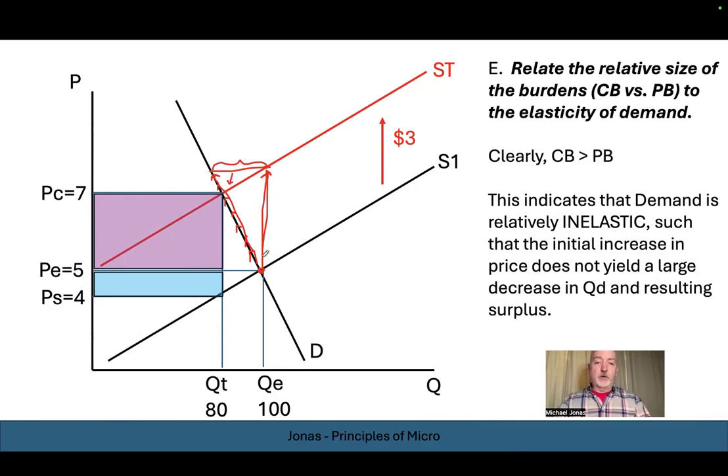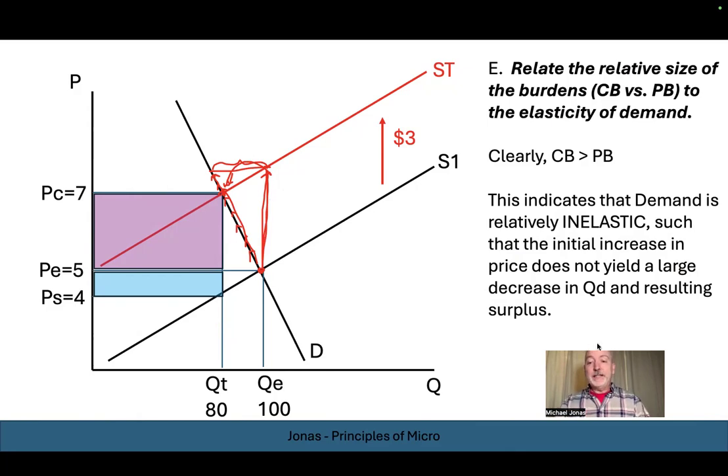So the sellers attempt to pass the entire amount of the tax onto the consumer, but they have to backtrack a little bit to absorb that decrease in quantity demanded. But because of that steepness, that inelasticity, it didn't take much, right? So they almost were able to succeed in passing the entire burden onto the consumer.